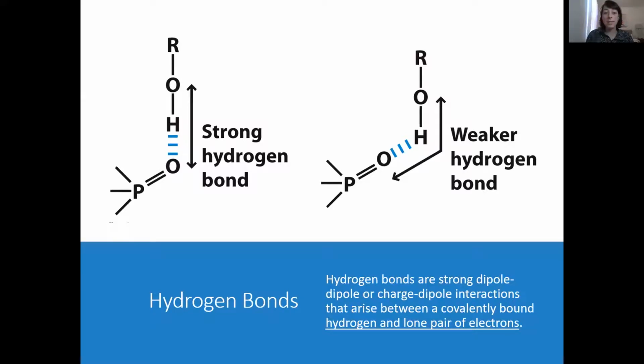So you can see this here where the hydrogen and the oxygen are bonded here. This is our hydrogen bond and are bonded linearly. You have a weaker hydrogen bond when the hydrogen and oxygen are bonded in a non-linear fashion.